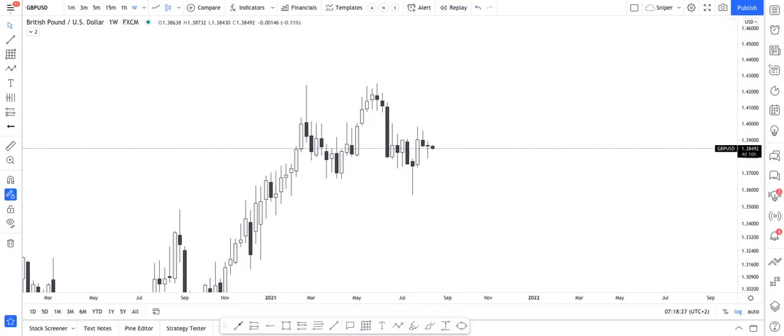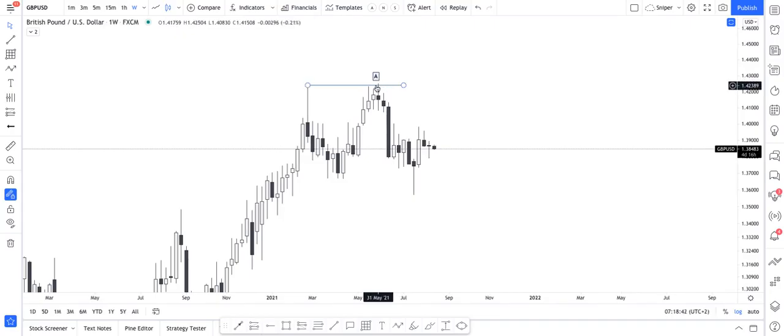So for instance, this could have been a point A. Let's type that in again, point A, creating a high. Our point A's always need to refer back to liquidity. So there we have an old high, we swept the old high, so that is our point A. Where was our point B?